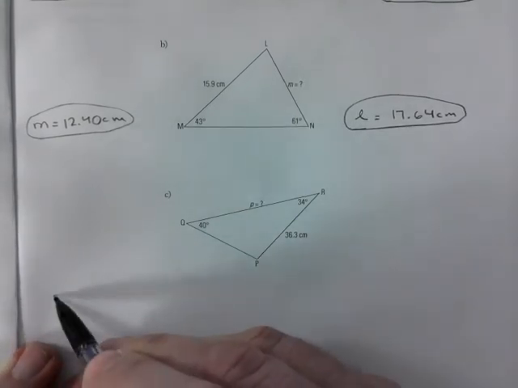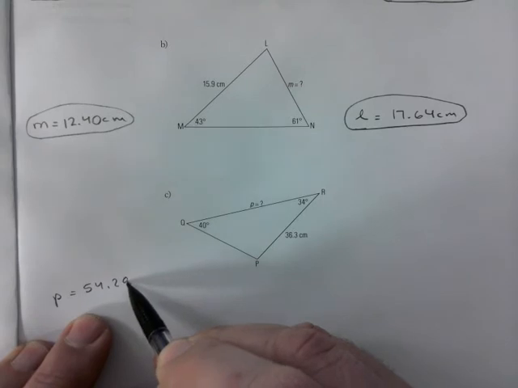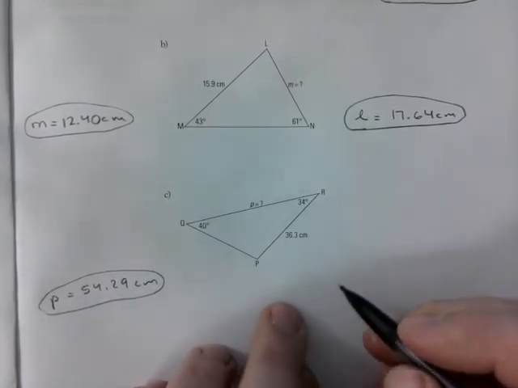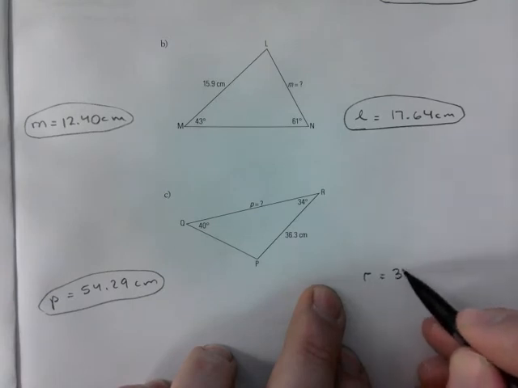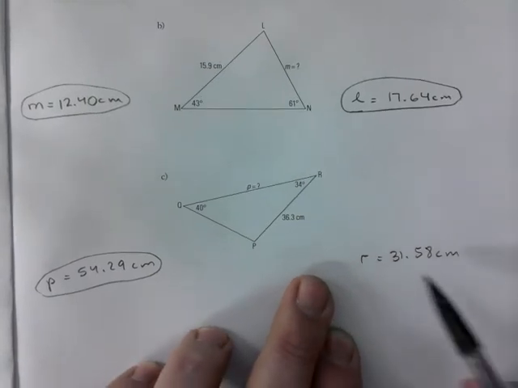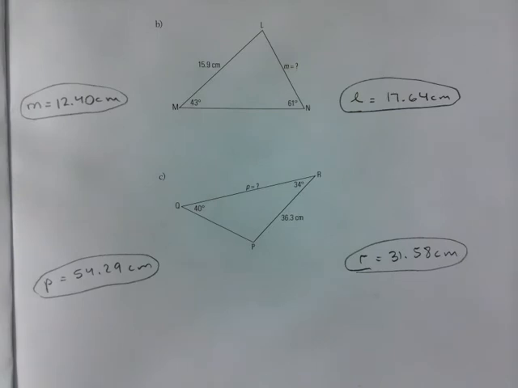And then here side P is 54.29 centimeters. And side R is 31.58 centimeters. Okay. So write them down quickly.